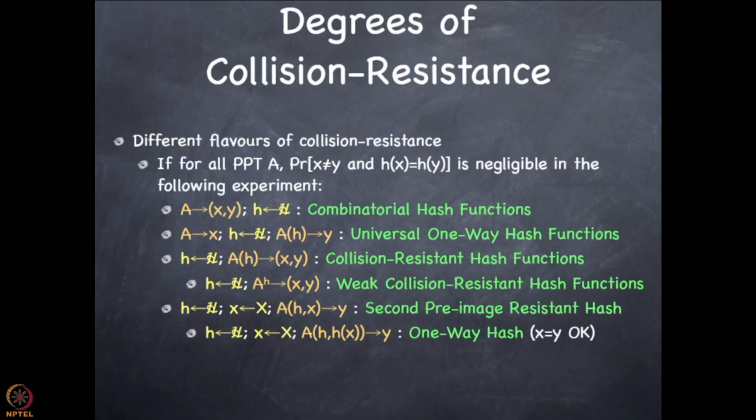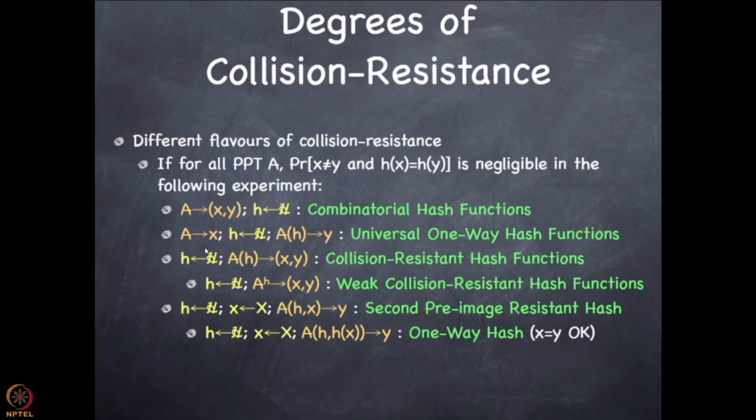So by pigeonhole principle, there will be a lot of things that go into the same bucket. And even if you spread it around as nicely as you can, by picking a random x, the adversary is guaranteed that on the average, there will be so many things that this x will collide with. And then it can use its unbounded computational power to find one such y. Okay, so here we will need a computational limitation on the adversary for this thing to exist.